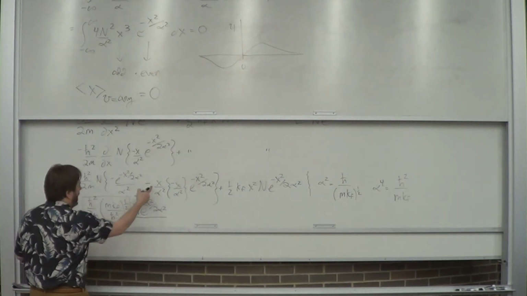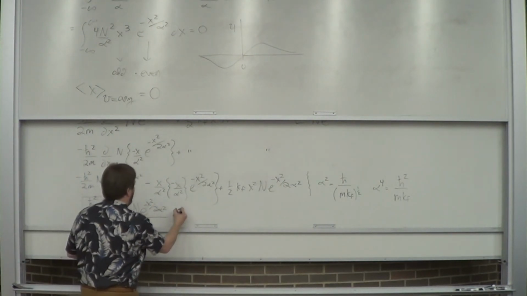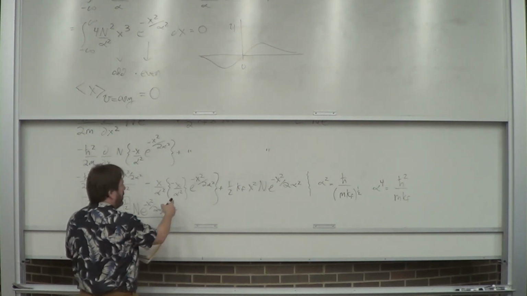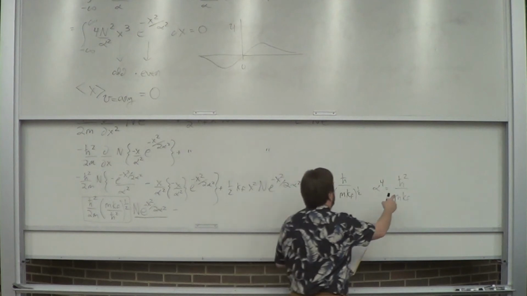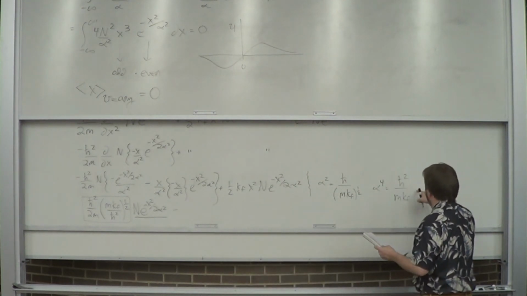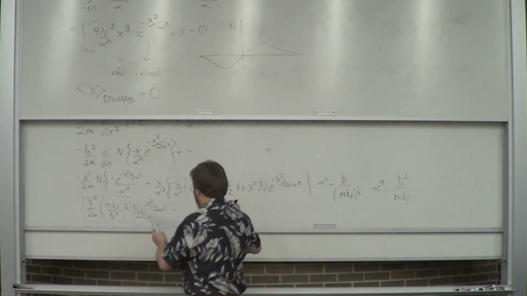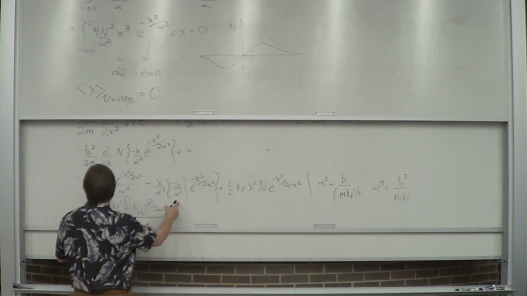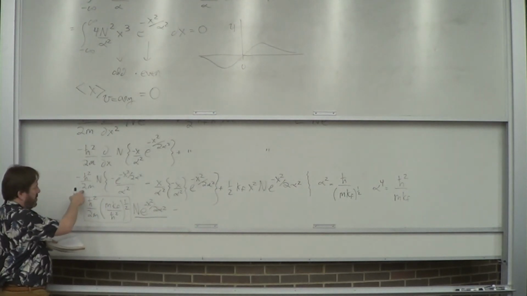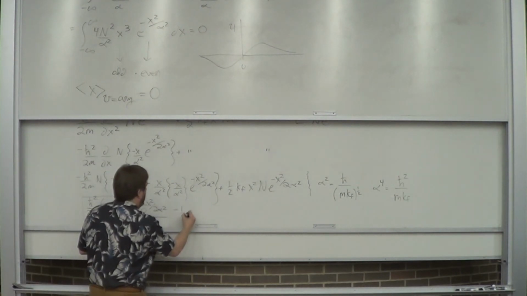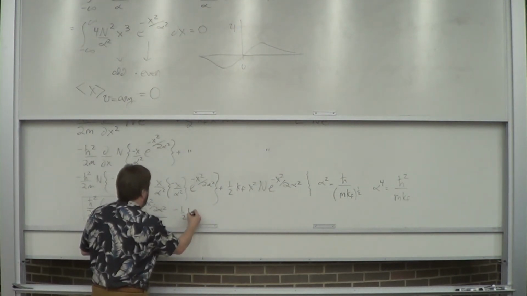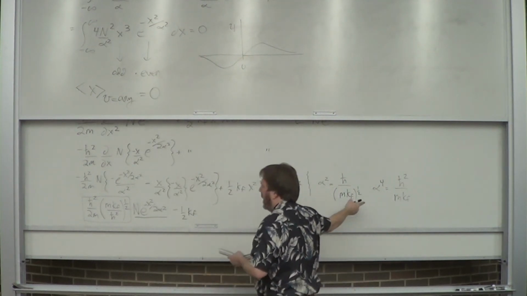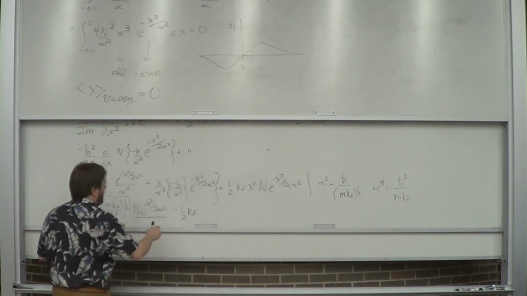Okay, minus, minus, minus is minus. Okay, so I've got a minus h bar squared over 2m times mkf over h bar squared, which gives 1/2 from the 2m there. 1/2 minus 1/2 kf from right there. M cancels that m.